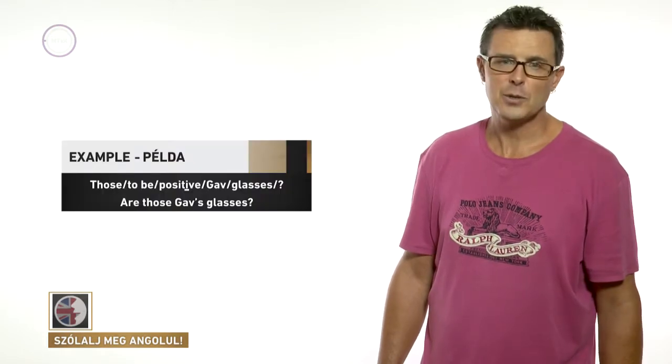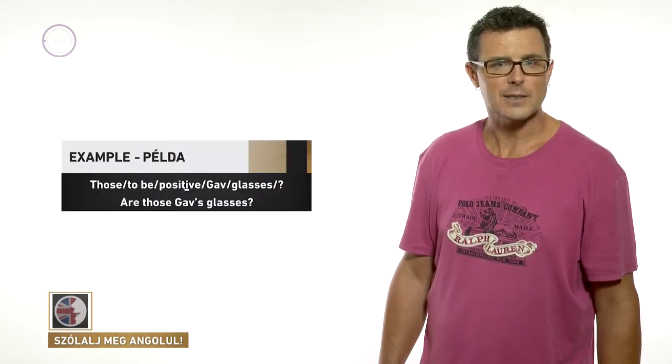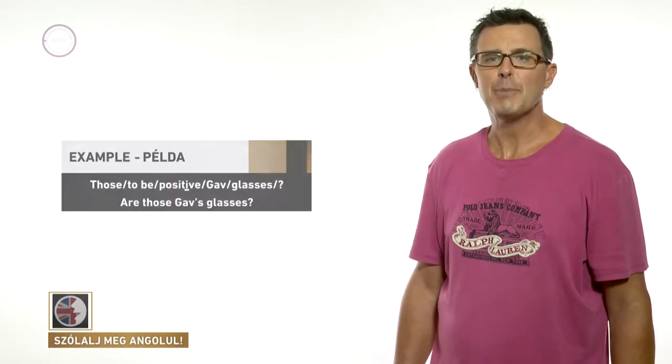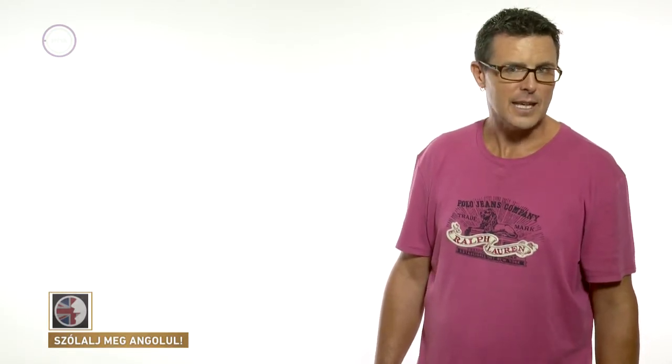Remember how we make the question? That's right. We changed the word order. These are Gav's glasses changes to are these Gav's glasses? Easy peasy. Now, let's complete the rest of the exercise. Positive and negative sentences and questions.